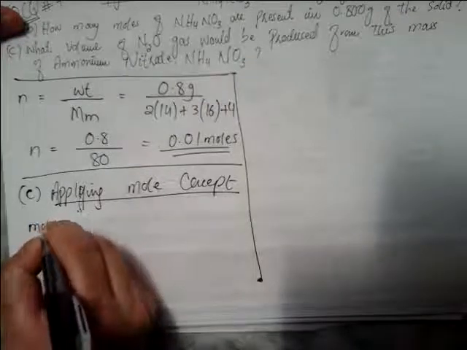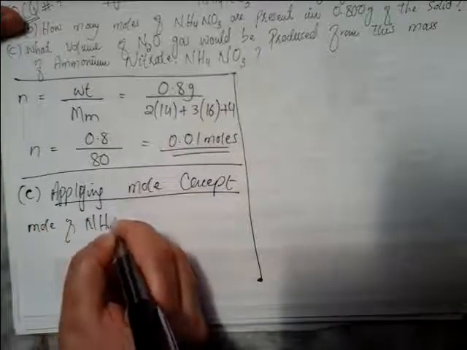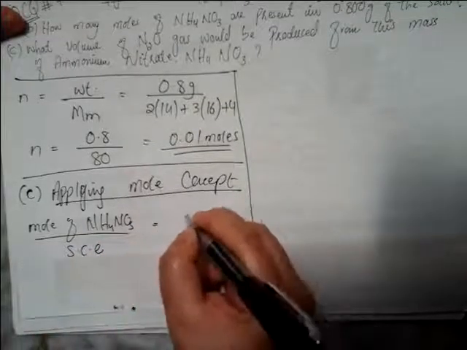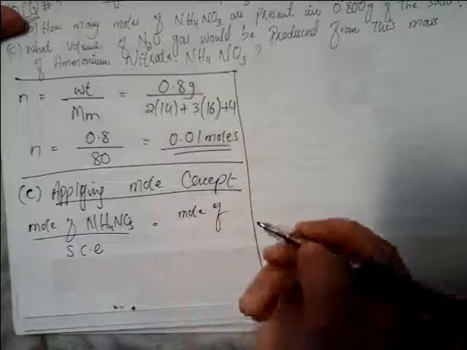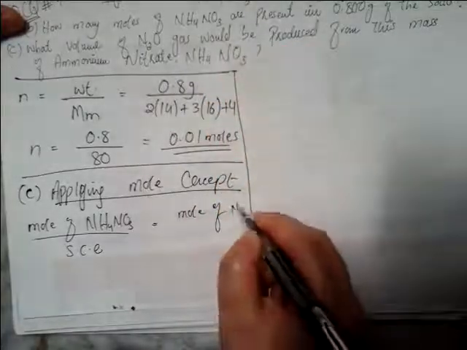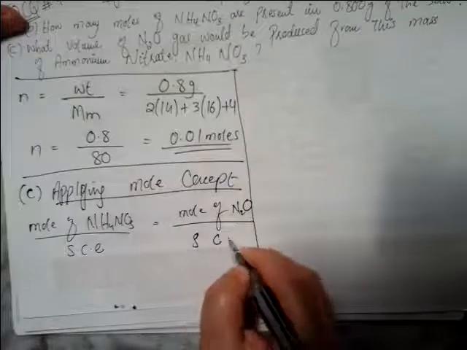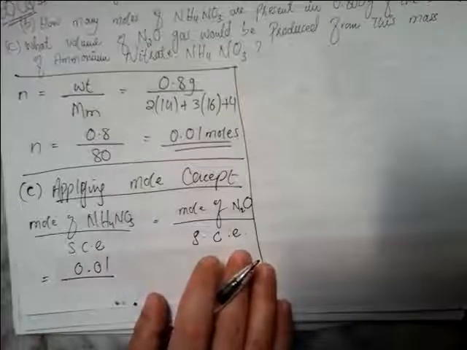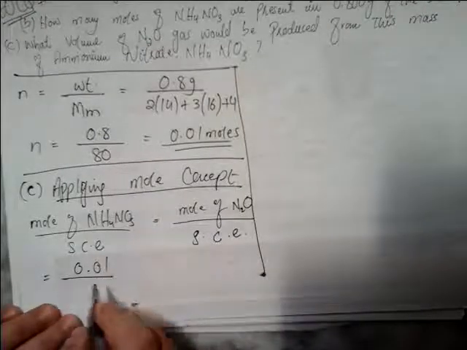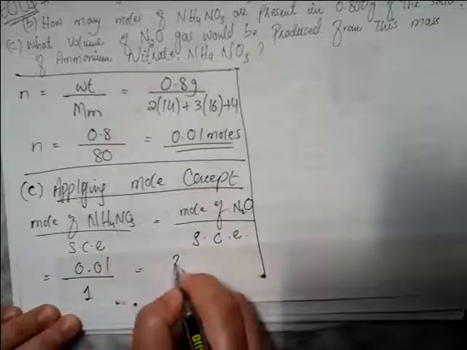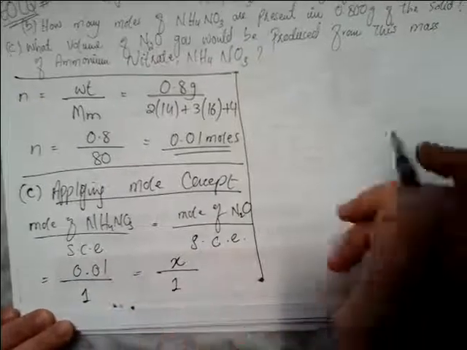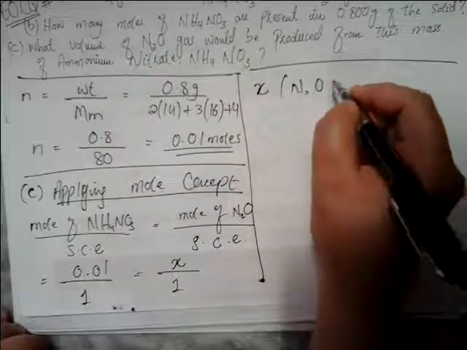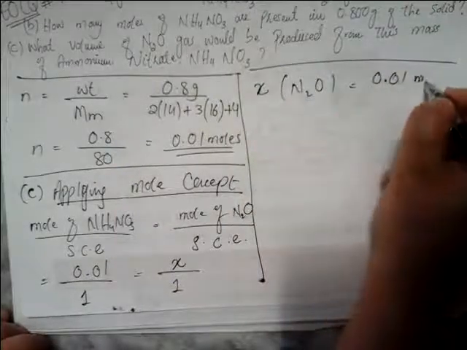So the moles of ammonium nitrate divided by its stoichiometric coefficient is equal to the moles of nitrogen oxide divided by its stoichiometric coefficient. Here the moles of ammonium nitrate is 0.01 divided by 1, equal to the moles of nitrogen oxide, X, which is also 1. So the moles of nitrogen oxide come out to be 0.01 moles as well.